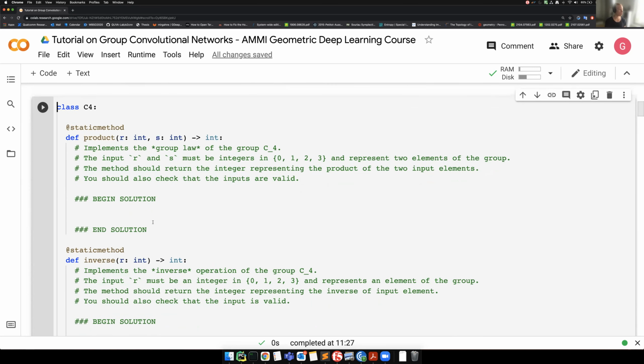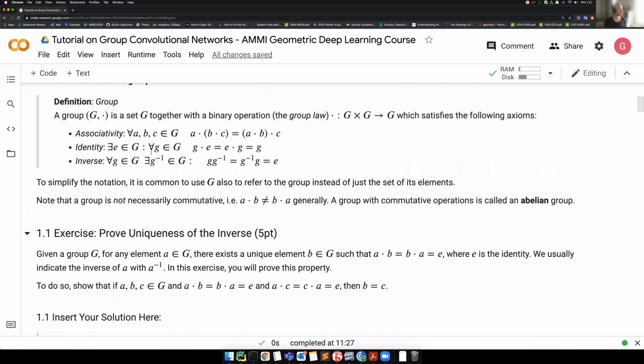It's just a way to store the two operations close to each other. You will implement these two static methods, the product and the inverse: the operation that given G gives you back G inverse, and the binary operation that given two group elements returns a third group element.